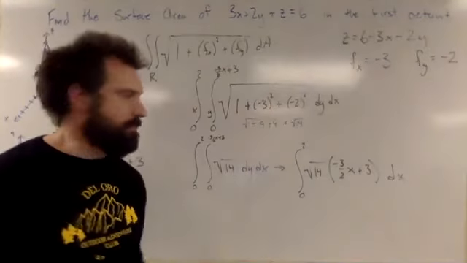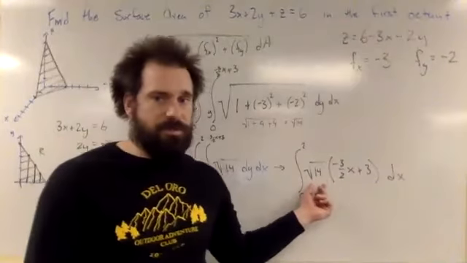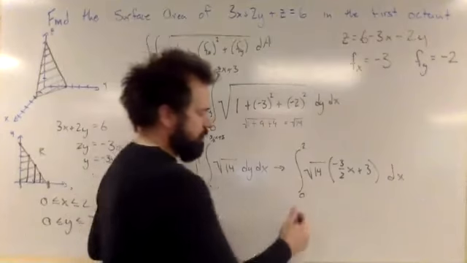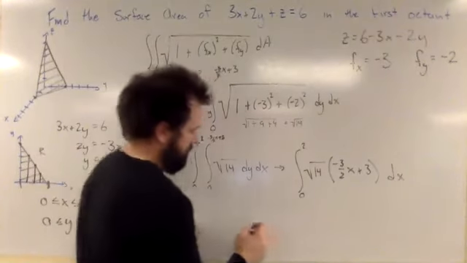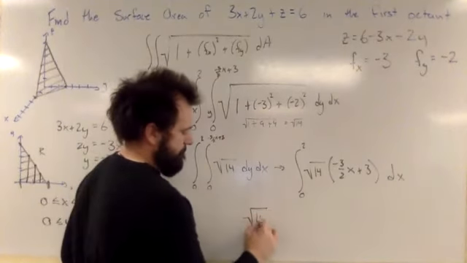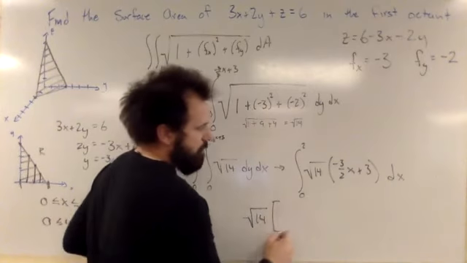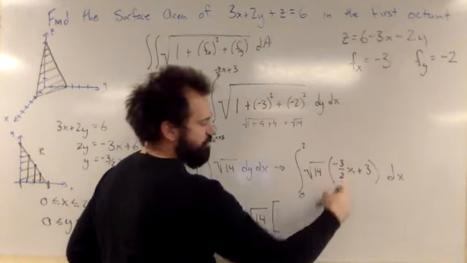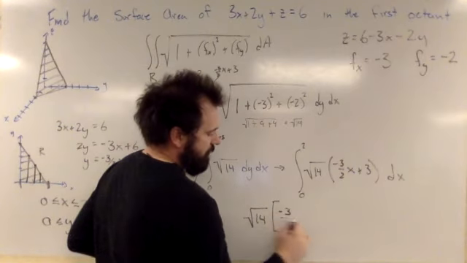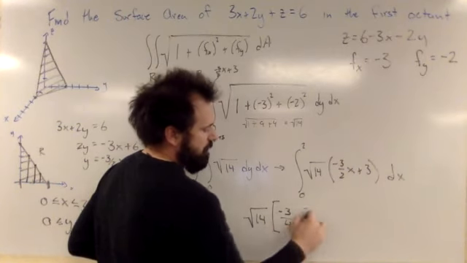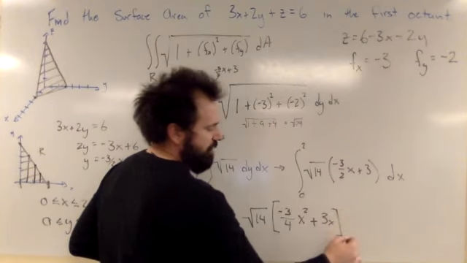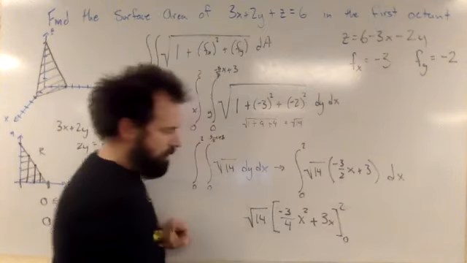Square root of 14 is just a constant, so it comes to the outside. This antiderivative is going to become negative 3/4 x squared plus 3x. I'm going to evaluate this from 0 to 2.